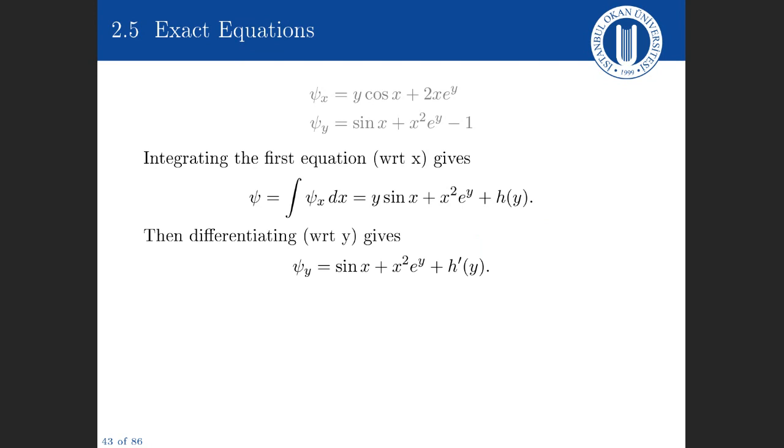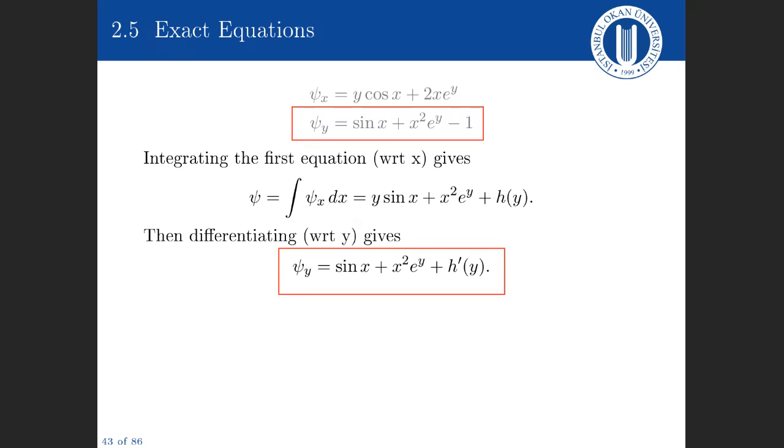And then the next step is to differentiate with respect to the other variable, y. Derivative of y sine x with respect to y is just sine x. Derivative of x squared e to the power y is x squared e to the power y. Derivative of h is h prime. So xi y is sine x plus x squared e to the power y plus h prime.